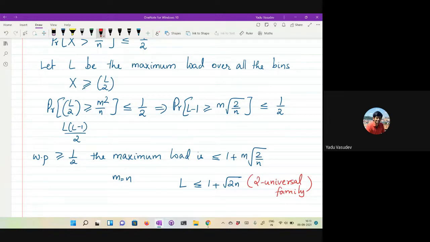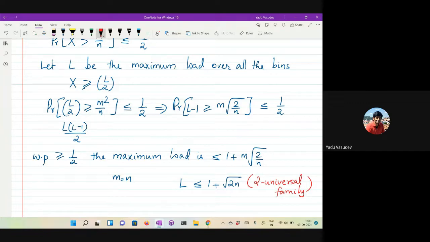Whereas if you use a 2 universal hash family, you get something like 1 plus square root 2n, which is much worse than what you expect with a purely random function.